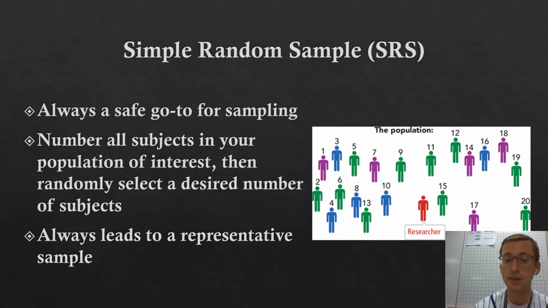And this will always lead to a representative sample. So if I want to know more about people at Fargo North High School, what I would do is number every student from 1 to about 1,000, whatever the actual number is. And then I would randomly select, maybe using a calculator, 100 of them. So if I picked numbers 2, 860, 300, that sort of thing, they would be a part of my sample.